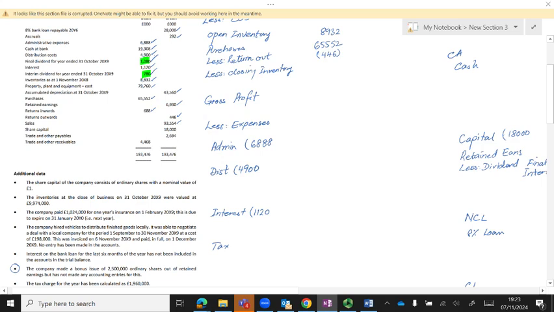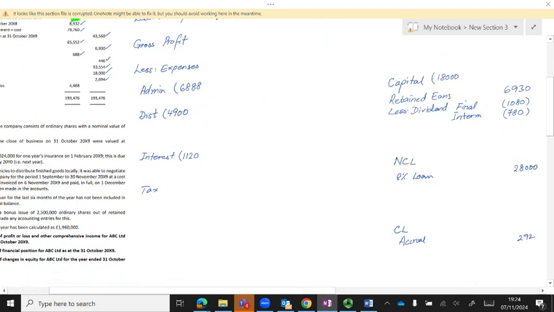A bonus issue is a free issue of shares. And I'll deal with that later. Next, I have trade and other payables of 2694.